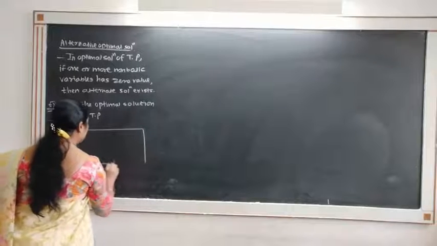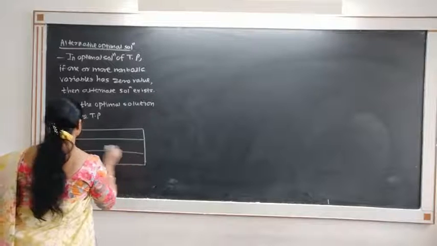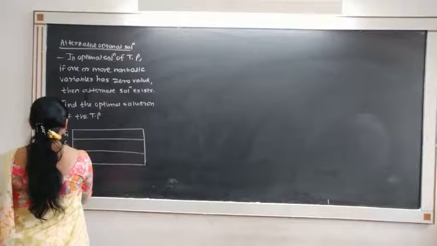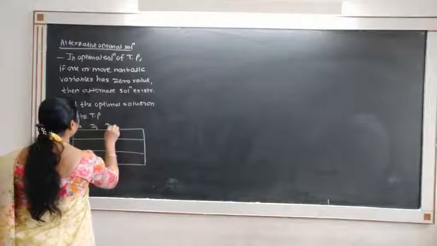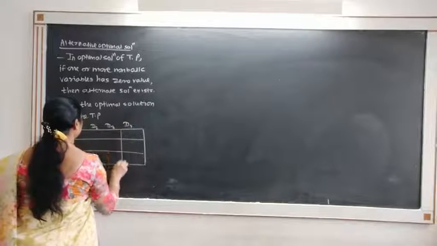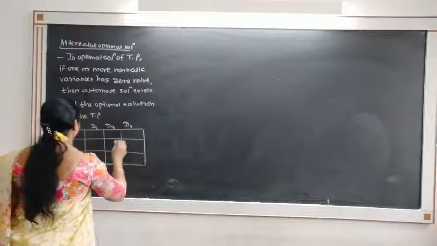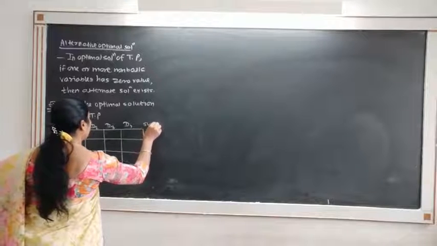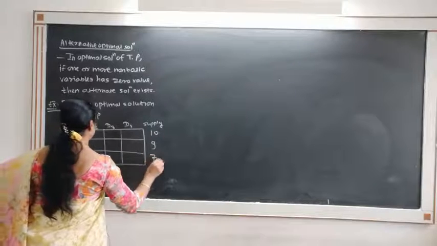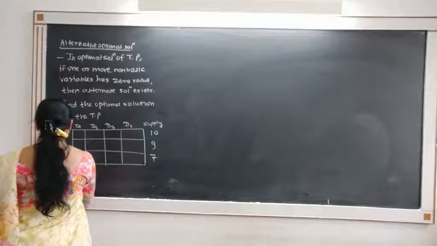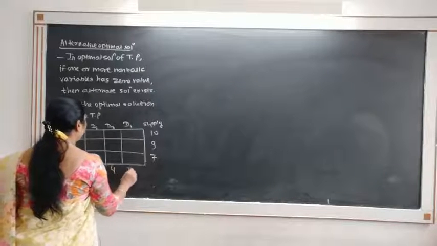There are three sources S1, S2, S3 and four destinations D1, D2, D3, D4. The supply of the sources is given 10, 9, 7 and the demand of the destinations is given 6, 10, 4, 5.